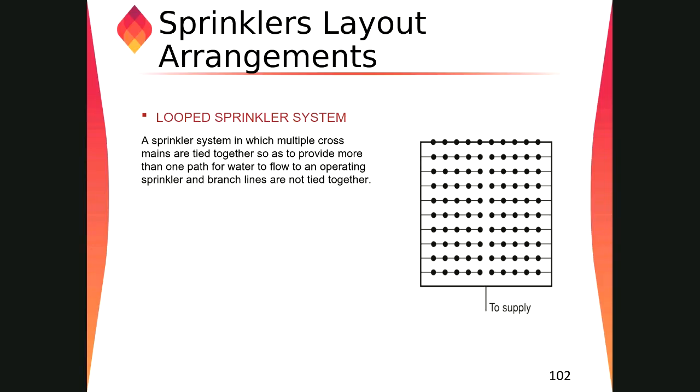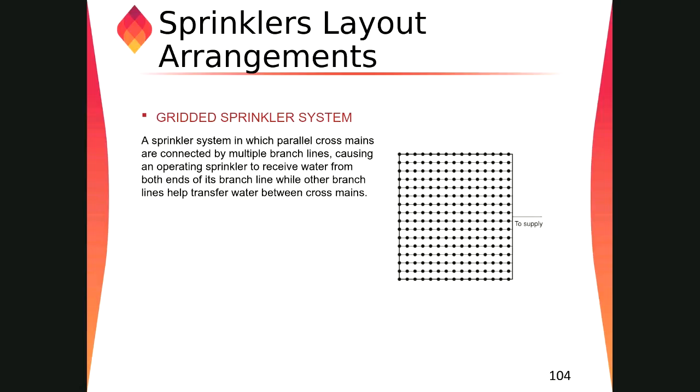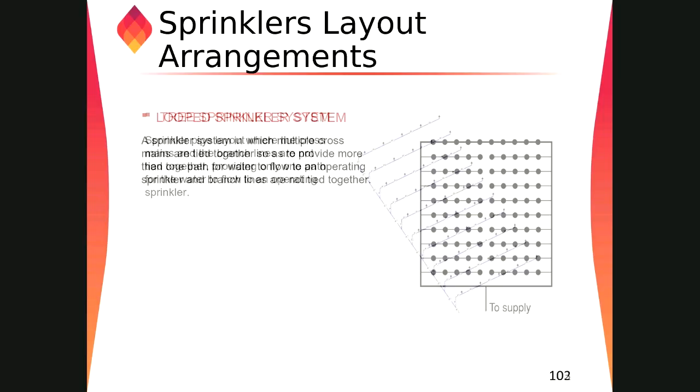This is the arrangement. Another we have is like a tree, taking water from an underground fire water network. And the last one we have is from the four sides. So these are the three options.